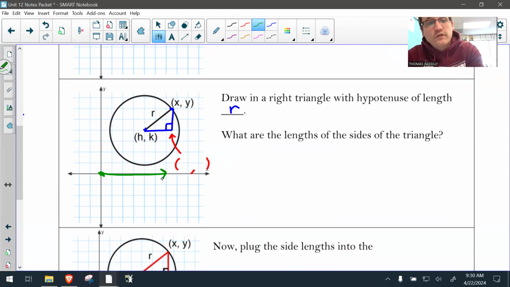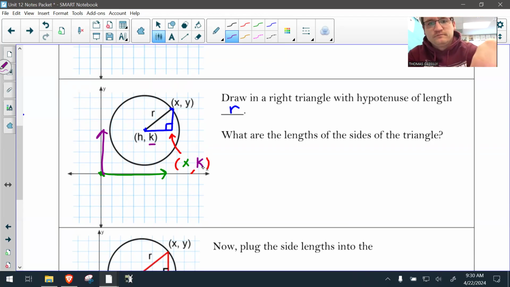We're going x units to the right. But then how far up are we going? What is the y coordinate here? That should be the same as this one, k. It's still k units above the x axis. So that is that point there.